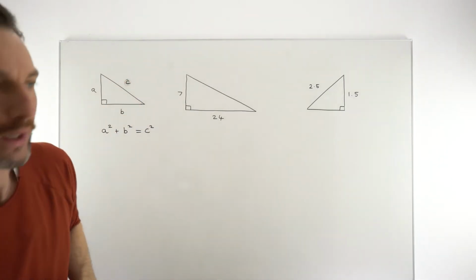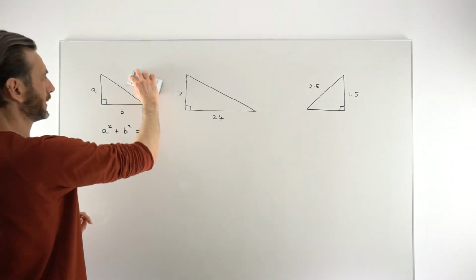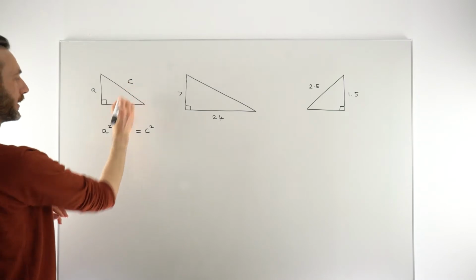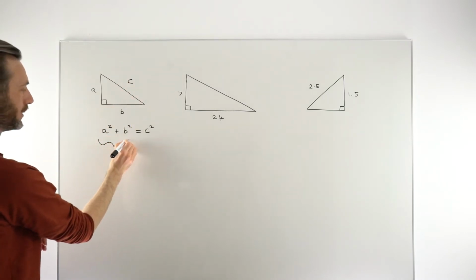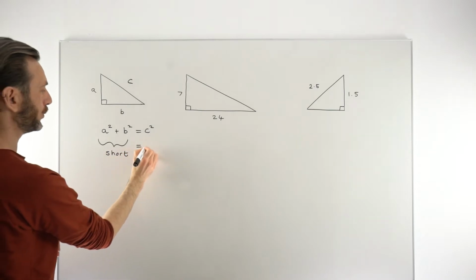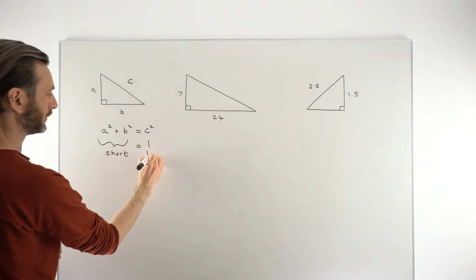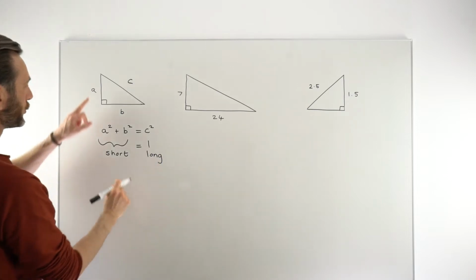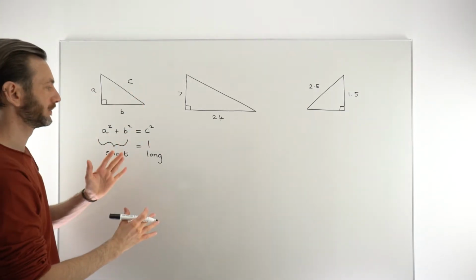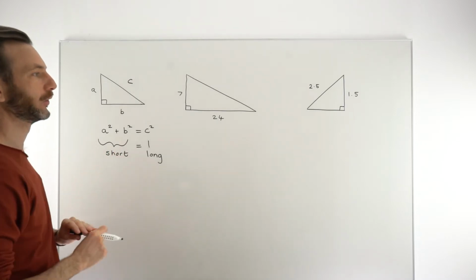So maybe a better way to write the equation, or at least a better way to think about it, is that it's the two short sides squared, so let's just call these the short sides squared, equals the long side. If a question uses A, B and C, that's great. If not, then don't get too hung up on the letters.